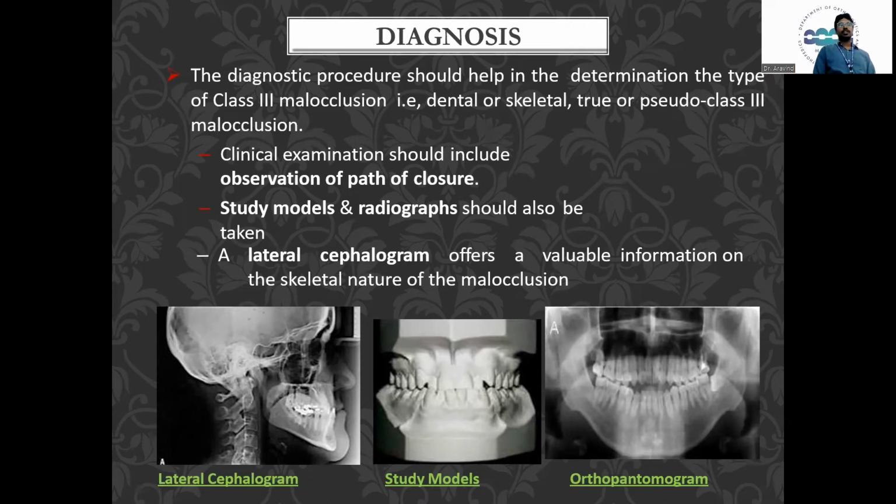Initially the patient should be thoroughly examined by clinical examination, and the path of closure of the mandible should also be noted. We can make use of study models and various radiographs to study the type of malocclusion. Among the radiographs, lateral cephalograms and orthopantomograms offer valuable information on whether the malocclusion is skeletal or dental in nature.